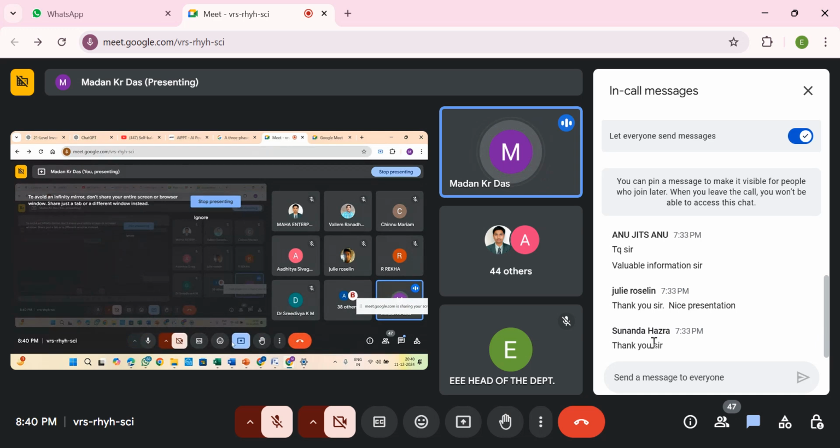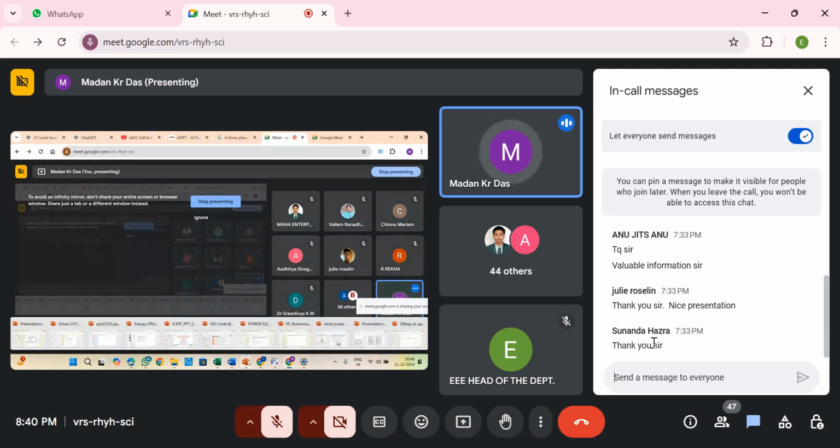So I have shown some research parts, basically the converters.